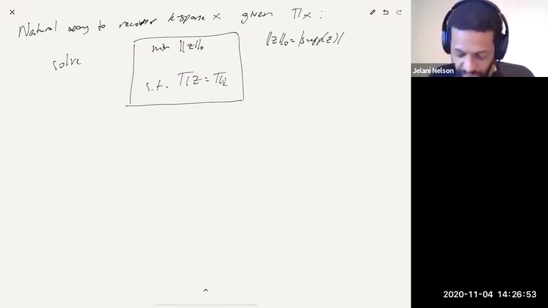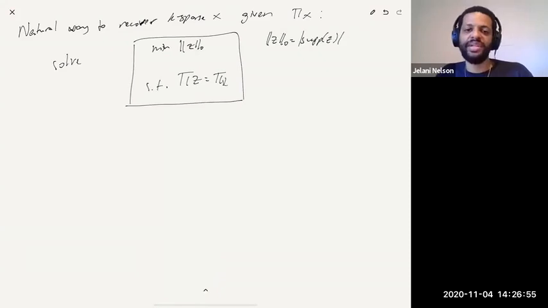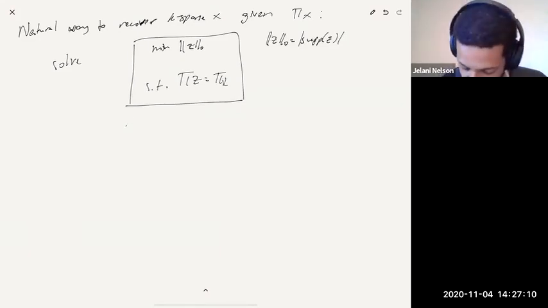So in particular, if pi were the Vandermonde matrix, for example, and x were k-sparse or sparser, this would be guaranteed to return x. The problem is that this is intractable. In general, it's NP-hard.